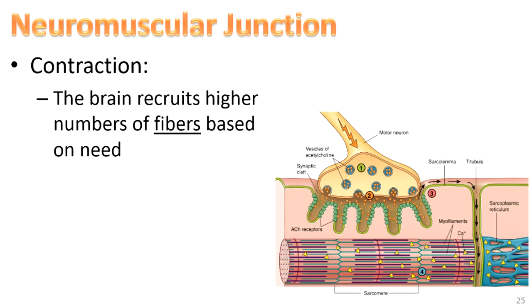But the way that your brain does that, the way your body does that, is by recruiting a different number of muscle fibers. So if you need to lift something very heavy, we recruit a higher number of muscle fibers. If you're lifting something light, like a piece of paper or just nothing at all, just lifting your arm, for example, your brain doesn't recruit as many of those muscle fibers.